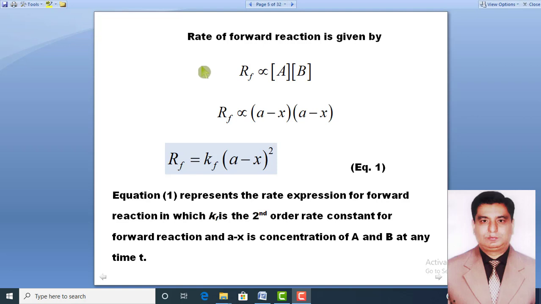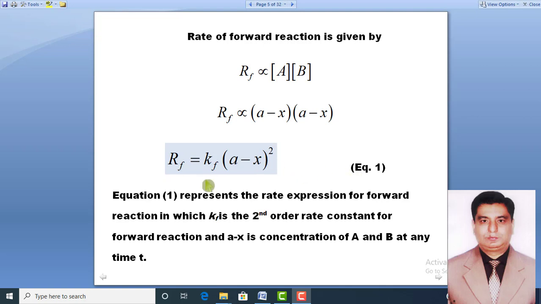So, first of all, we will determine the rate of forward reaction. That is directly proportional to the concentration of A and B. Since the concentration of reactant A is A minus X and the concentration of B is A minus X, according to equation number 1, the rate of forward reaction will be equal to rate constant Kf into (A minus X) squared.